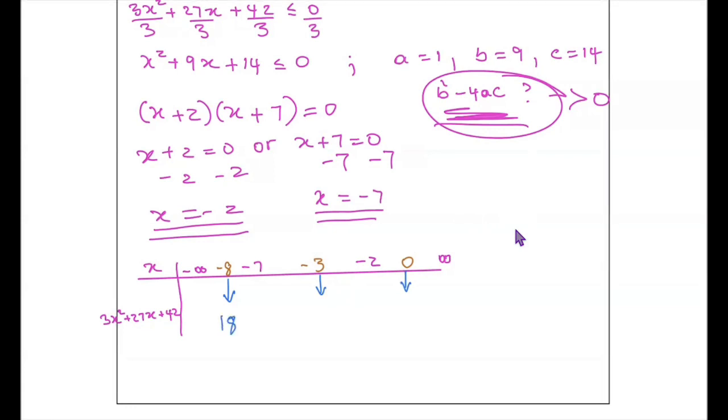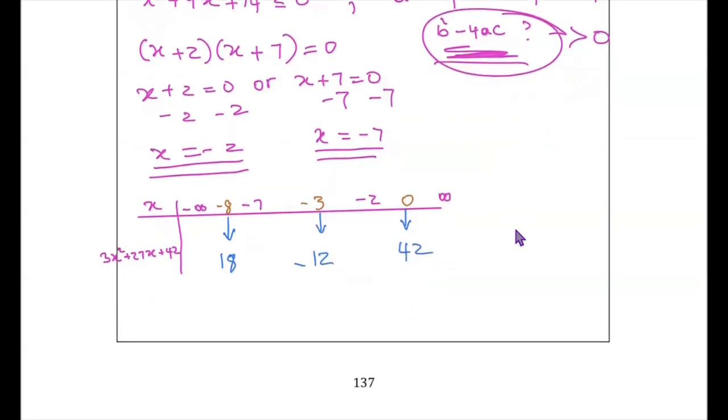And for x equals -3, 3x squared plus 27x plus 42 is -12 when we plug it in. And when we plug in 0, 3x squared plus 27x plus 42 is 42.